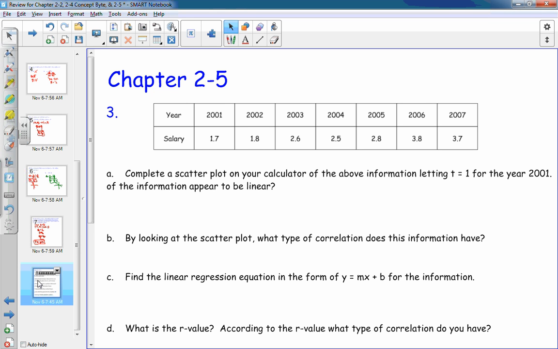And the directions say, the table shows the average salary S in millions of dollars for professional baseball players from 2001 to 2007. Complete a scatter plot on your graphing calculator. So, it says, letting T equal 1 represent what year? 2001. So what is 2001? What's 2002? 2003?